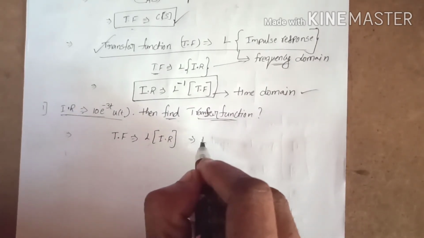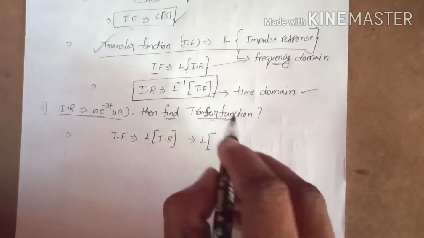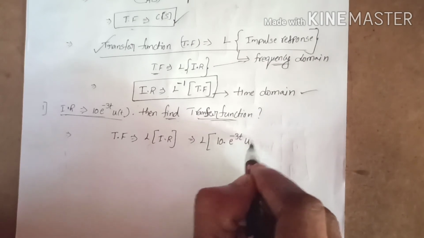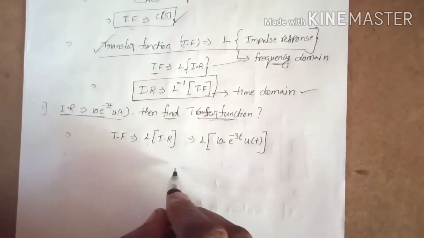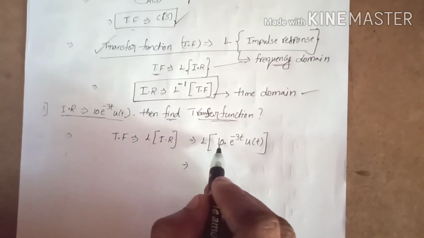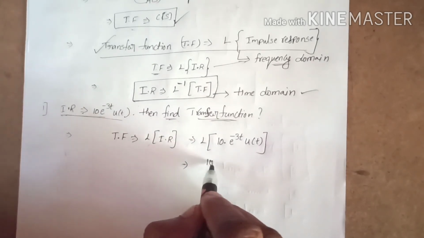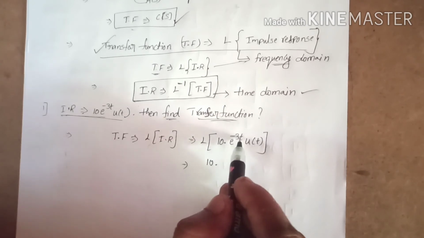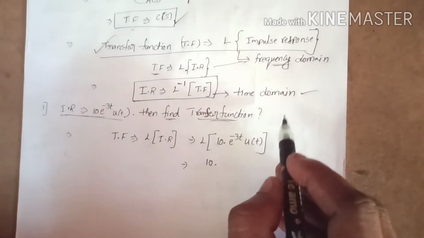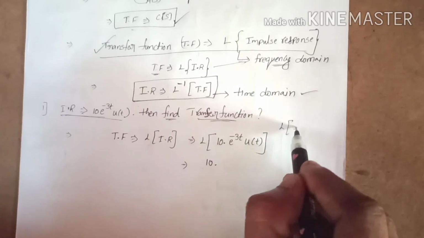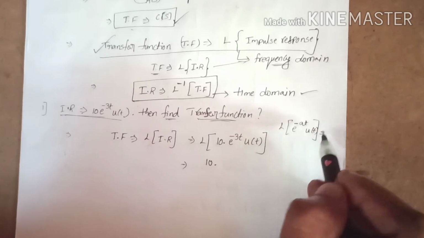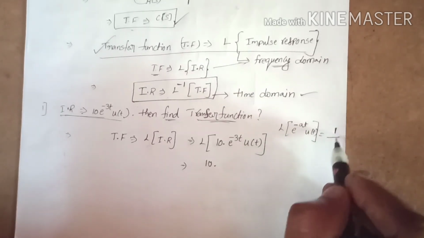So by easily solving, 10 into e to the power of 3t u of t. It is a constant value, so 10 into Laplace transform of e to the power of 3t. We know the formulas. Laplace transform of e to the power of at u of t equals 1 by s plus a.